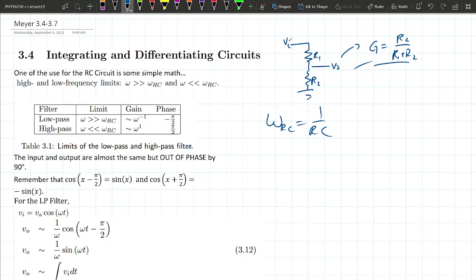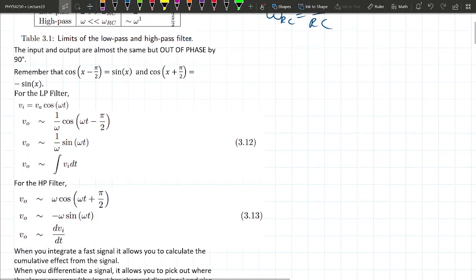A cosine function shifted by positive pi over 2, or 90 degrees, is actually just the negative of a sine function. So the cosine and sine are just shifted relative to each other by a quarter period. For a low pass filter, these are going to be proportionality signs, so there will be some factor in front that's not exactly the same.